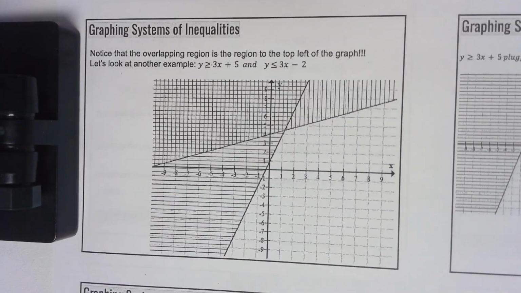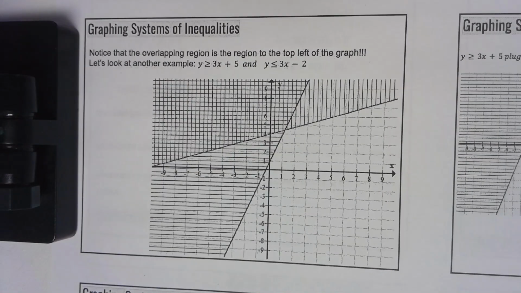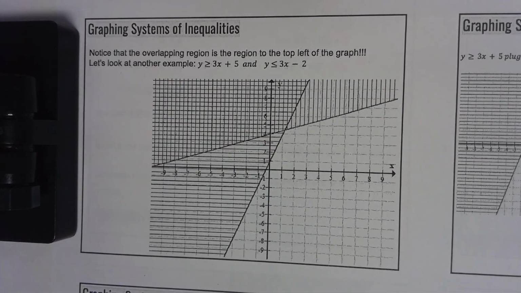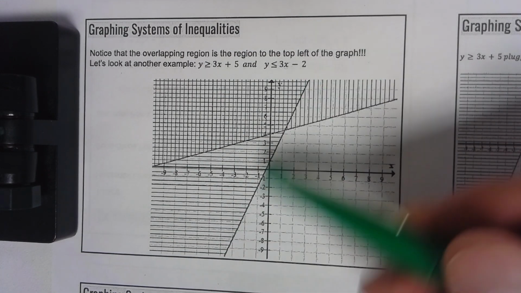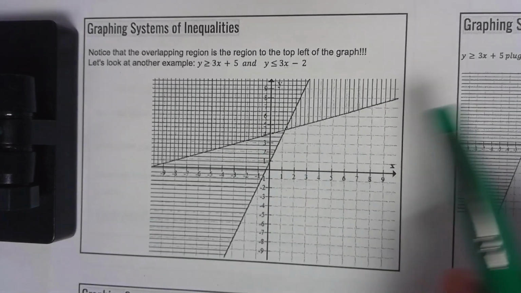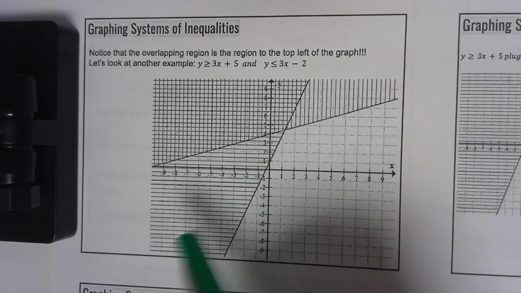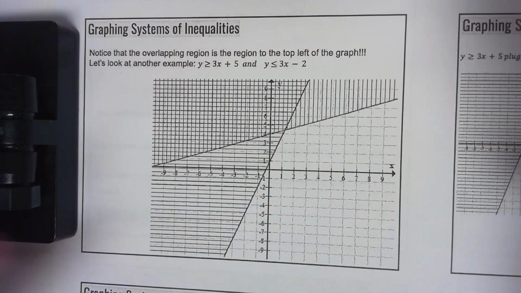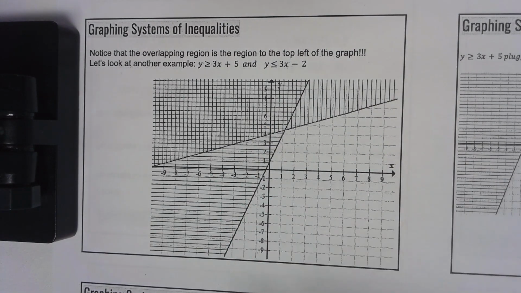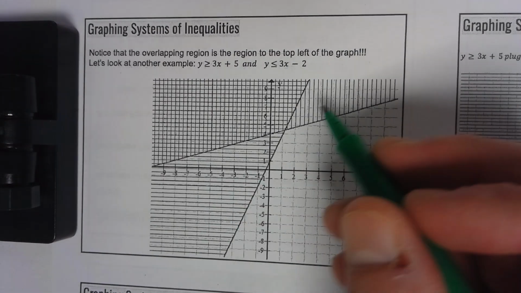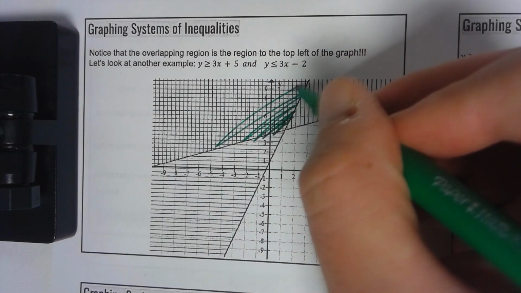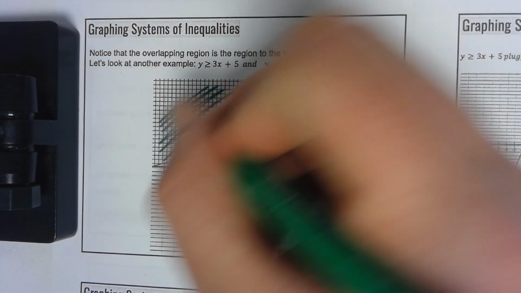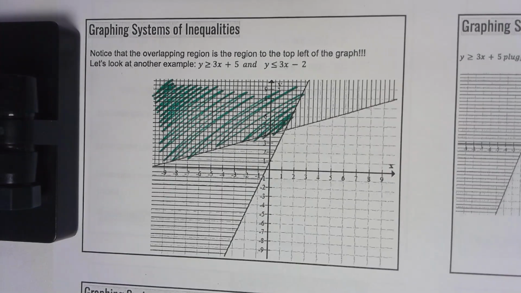There's a ton of shading going on here, because we were above this line that has the more vertical slope, and we were also above this line that had the less vertical slope. You can see that it divides the graph into four sections. There's shading in 3 out of the 4, but there's only one section that has the overlap of the shading. And that's what we're going to try to find.